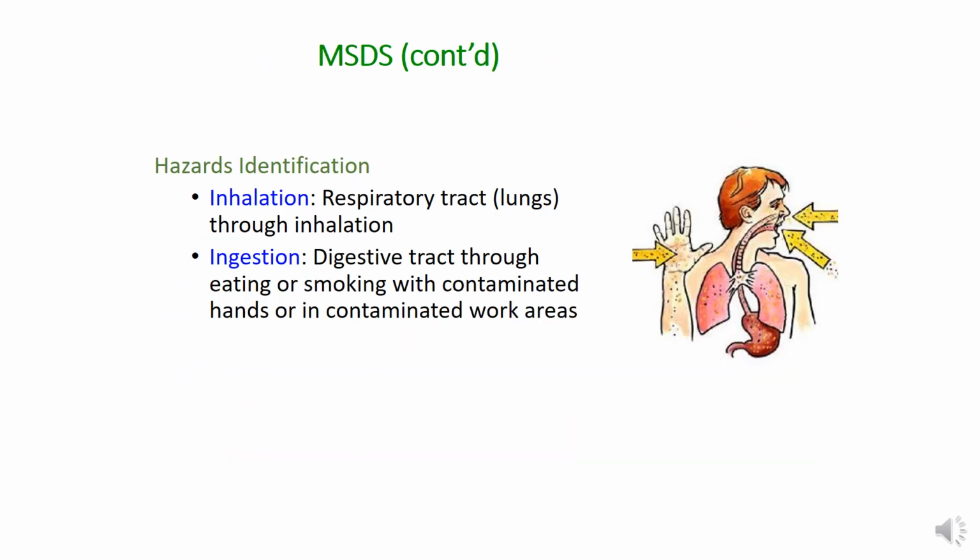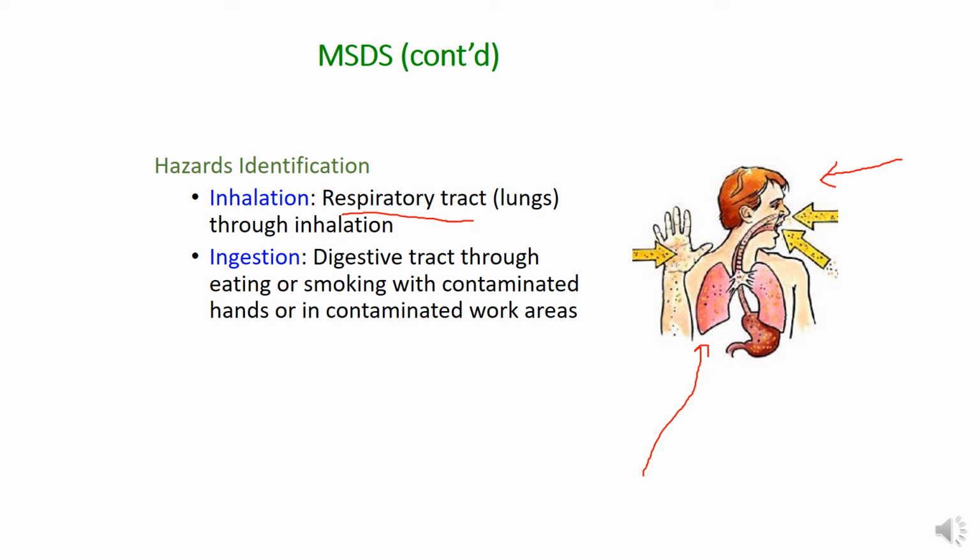As I mentioned, it will mention in detail what happens if you inhale a particular chemical. It can go through your respiratory tract into your lungs, and then it can settle or cause lung diseases.